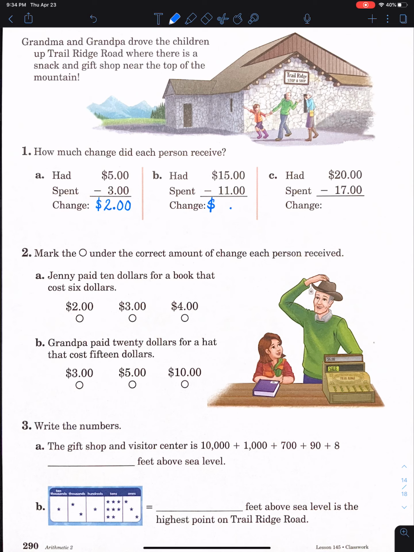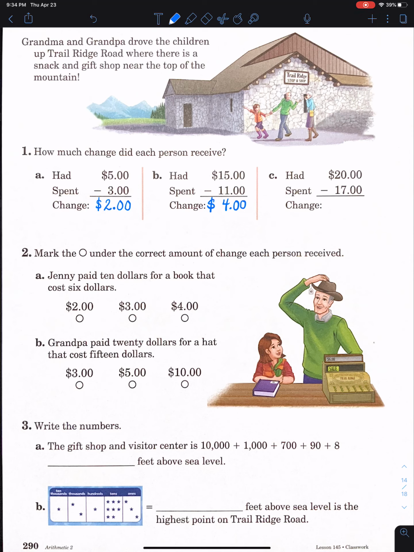Keep your decimal place in line, keep your ones over your ones, your tens over your tens, and so on. So 0 minus 0 is 0, okay? Then we have 5 minus 1 is 4, and 1 minus 1 is nothing. So if you had $15 and spent 11, you would receive $4 back in change.